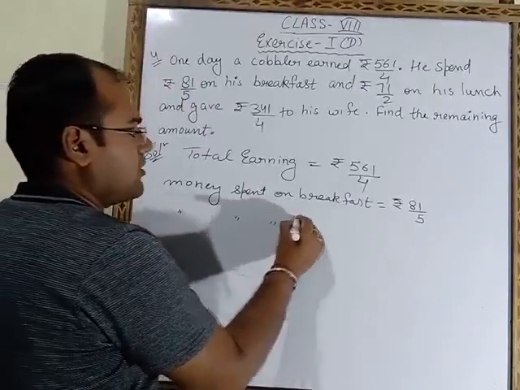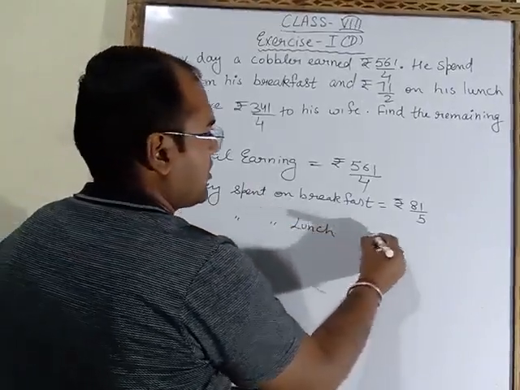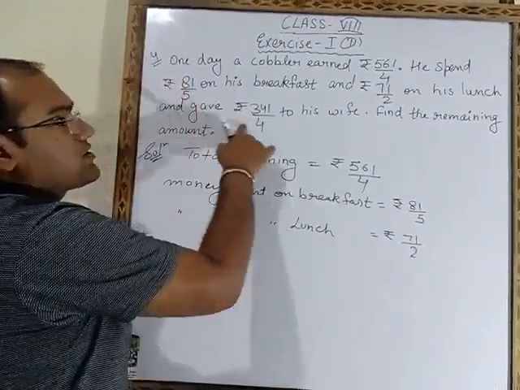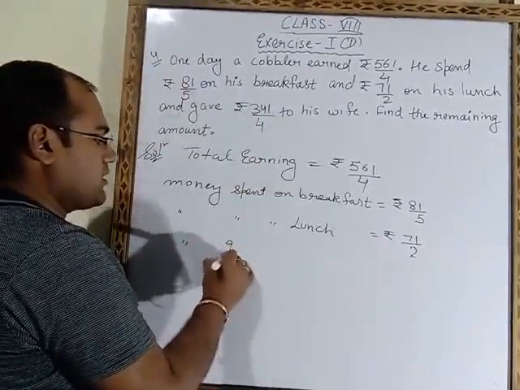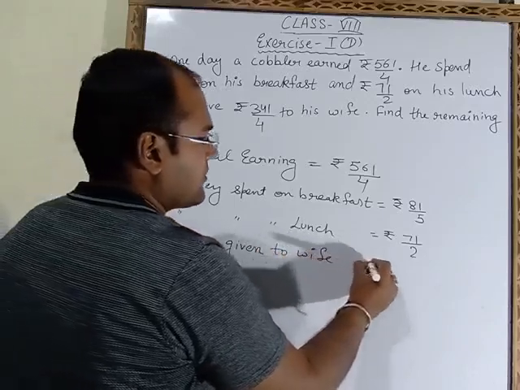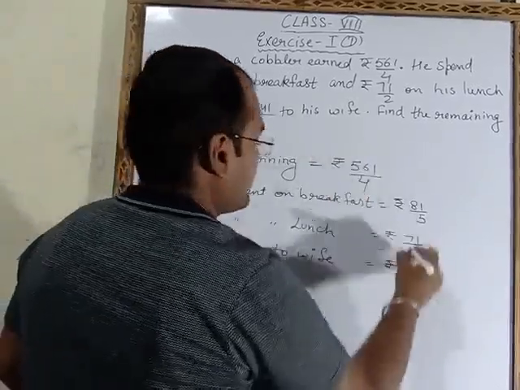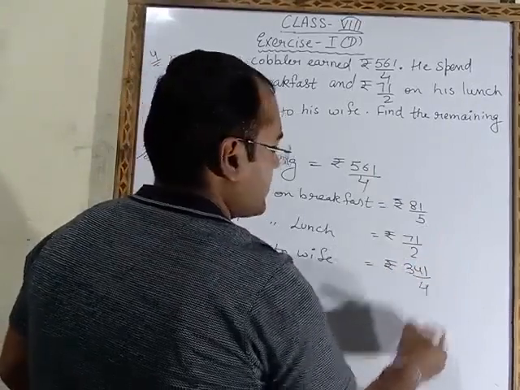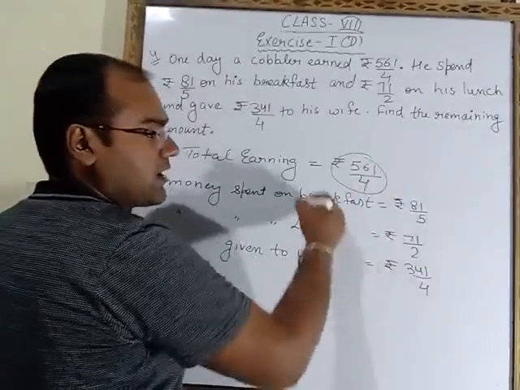Money spent on lunch. How much rupees? 71 upon 2. And gave this much rupees to his wife. Money given to wife. How much money he had given to wife? 341 upon 4. So this much money he had earned.